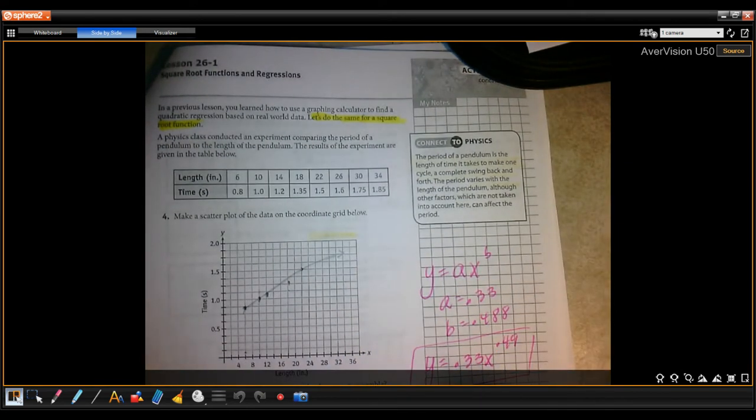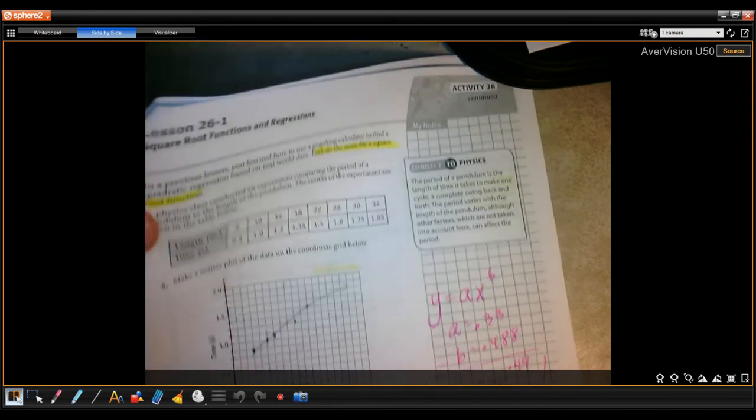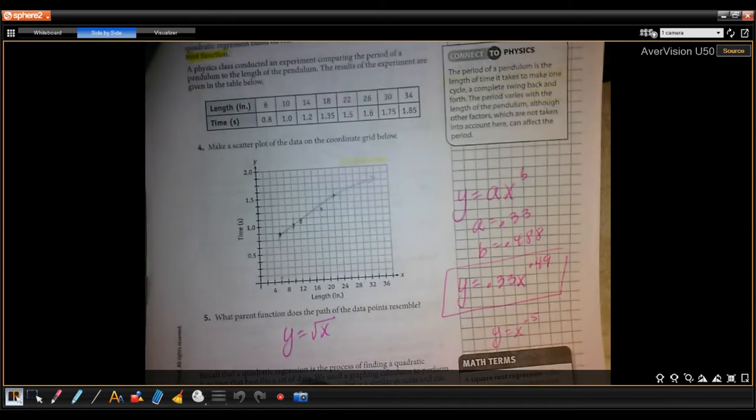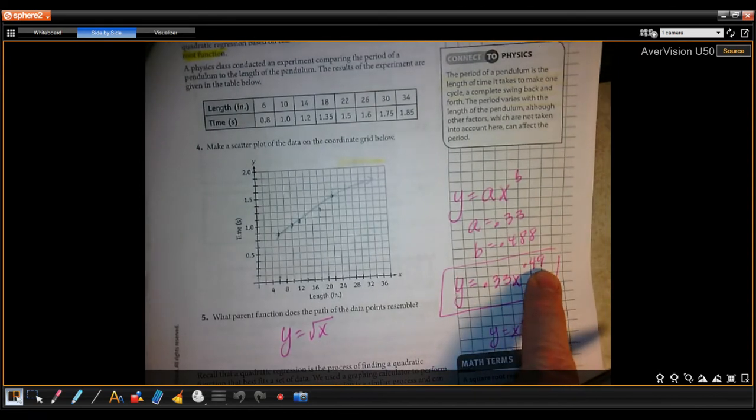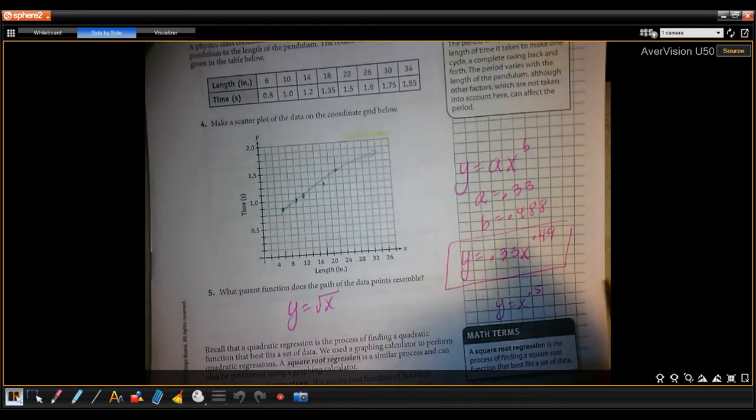That looks really close to y equals x to the 0.5, to the 1/2. So that tells me this is what kind of function. This is a square root function. It says what is the parent function of the path that you think this follows? This looks like a square root because the power regression gave me 0.49. So I would say y equals square root. Okay. Well, not only is it square root, what did the graph do? 0.33.